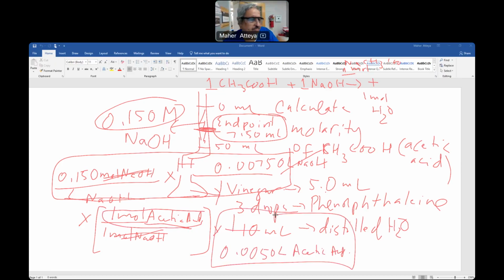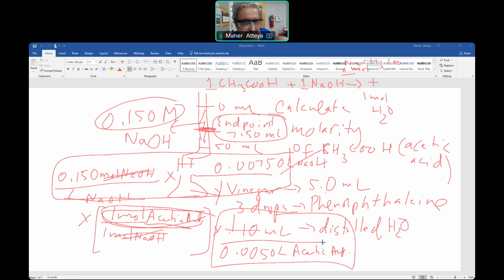So four steps. First, take the molarity of sodium hydroxide and multiply it by the average endpoint volume of sodium hydroxide. This way you get the number of moles. Look at the equation, a 1-to-1 mole ratio, correct? The moles of acetic acid will be at the top. And then you divide the whole thing by the liters of acetic acid.